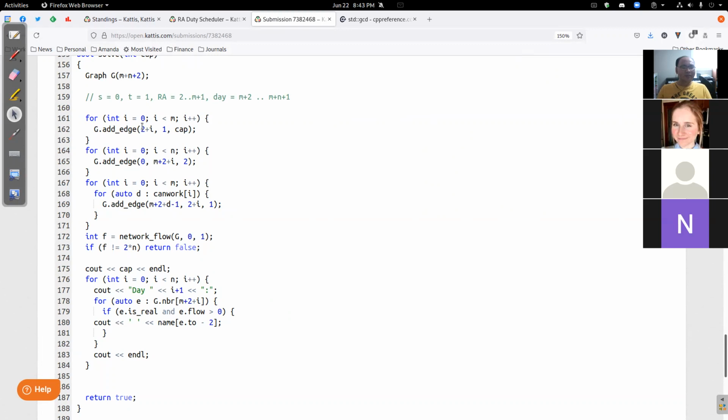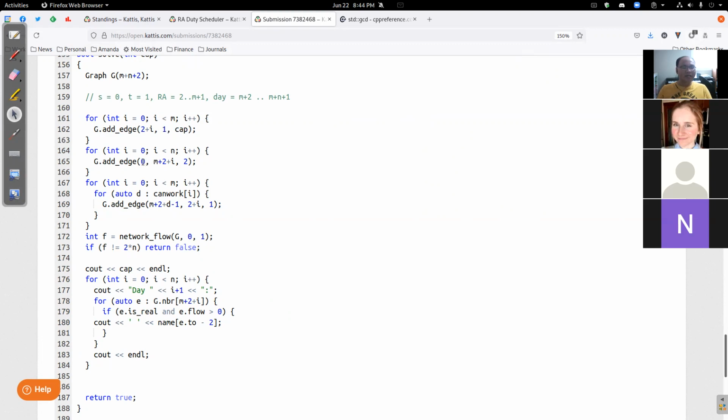How did I do it? Oh, I actually go backwards. I draw the graph in the opposite direction of what I drew on the whiteboard. It doesn't really matter. So here, every RA is sent to the sink with 1 token.